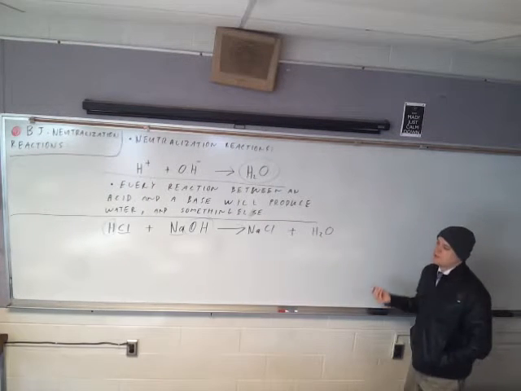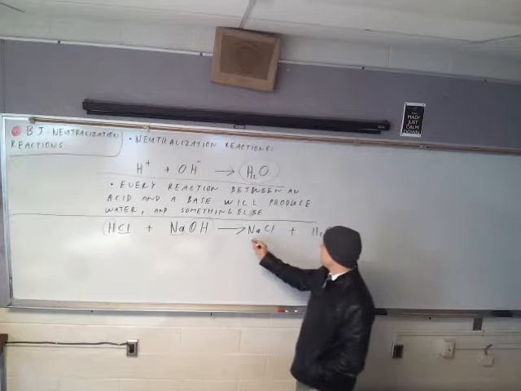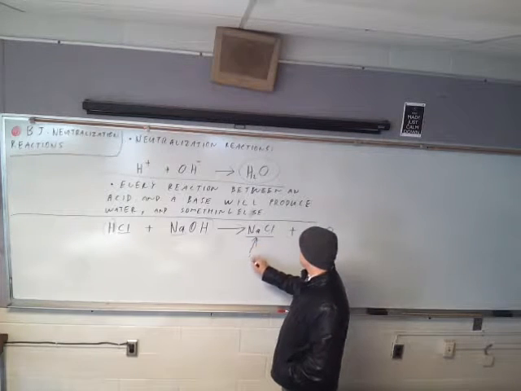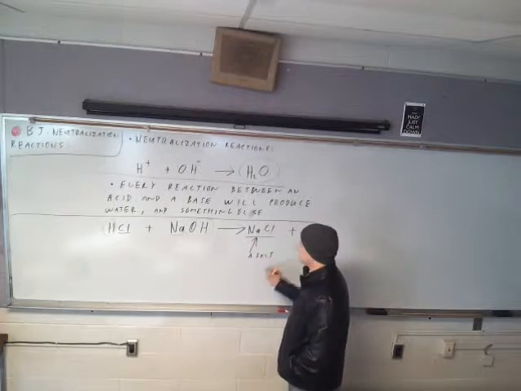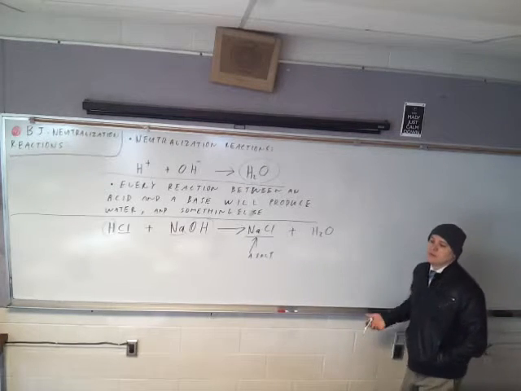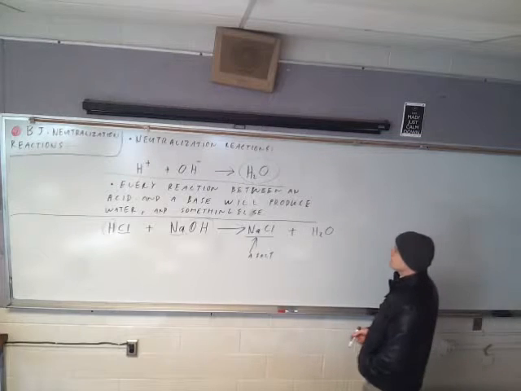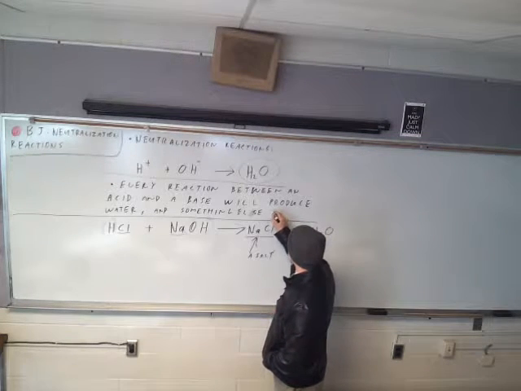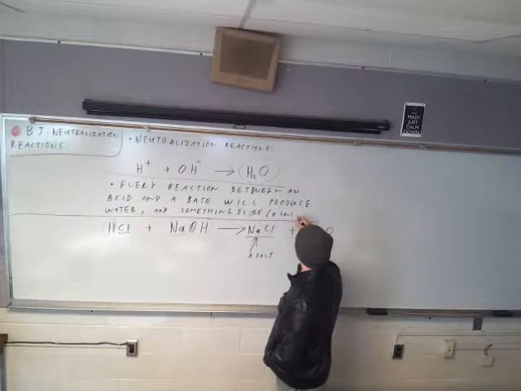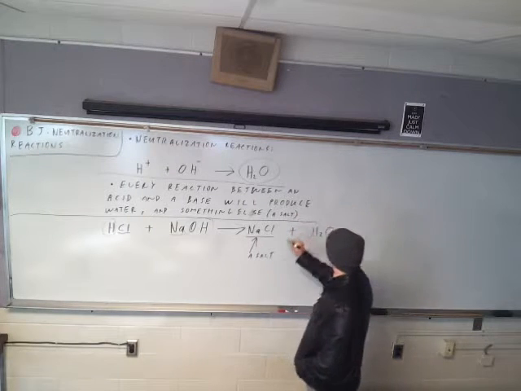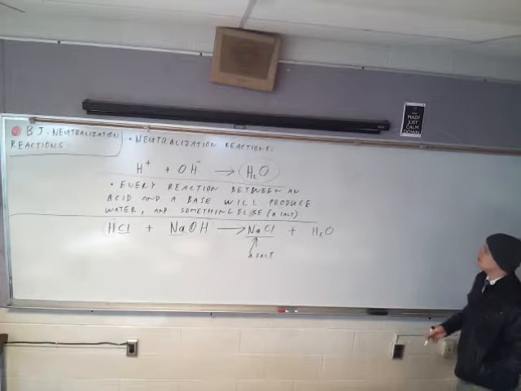So the other thing that's produced in a neutralization reaction is always going to be a salt. And it doesn't have to be sodium chloride, but whatever it is, it's going to be some type of salt. In fact, that's actually the definition of what a salt is: something that's produced in a neutralization reaction.